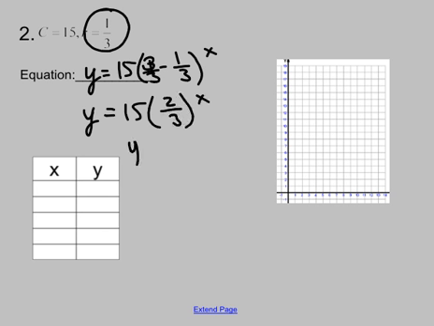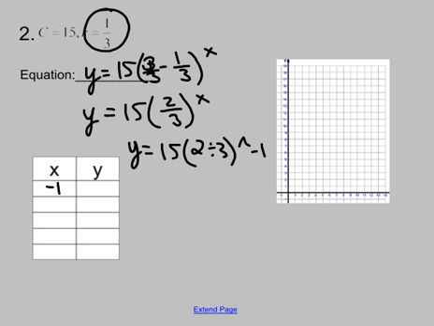So then when I do my calculator, I'm going to answer that as 15, parentheses, 2 divided by 3, caret key, negative 1. So using your calculator is half the battle here. So 15, parentheses, 2 divided by 3, caret key, negative 1.